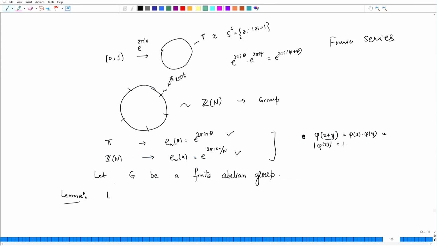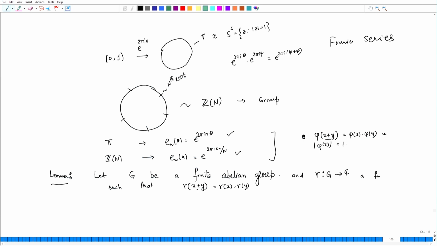Let G be a finite abelian group, and gamma a function from G to C, the complex numbers, such that gamma of x plus y, where plus is the operation of the group G, equals gamma x into gamma y.